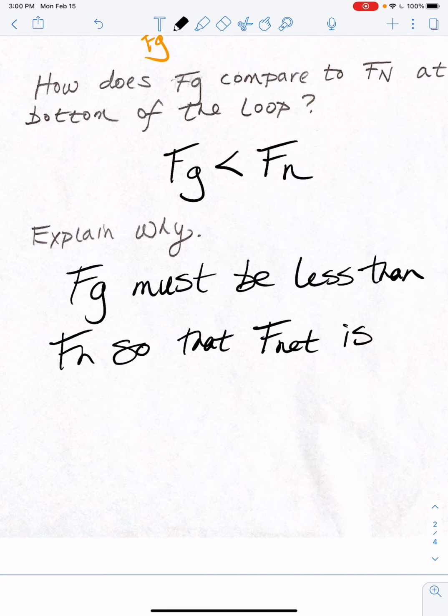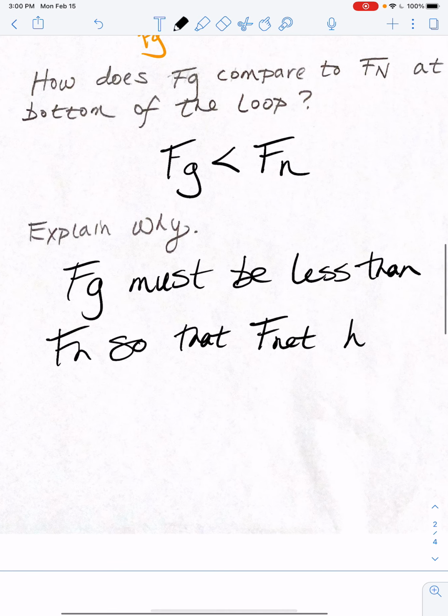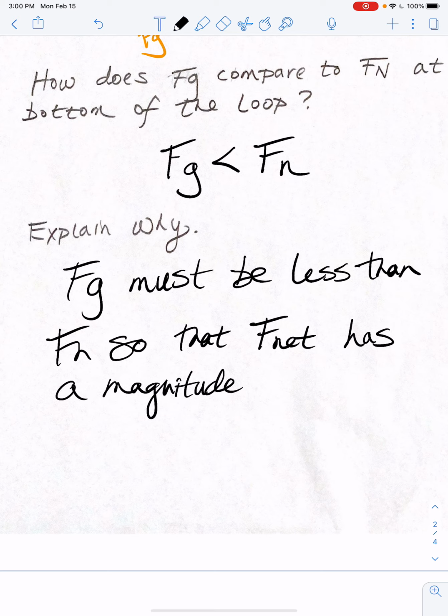So the F net has a magnitude that is directed towards the center.